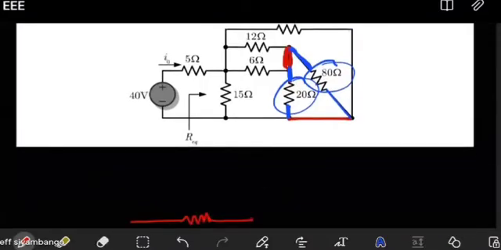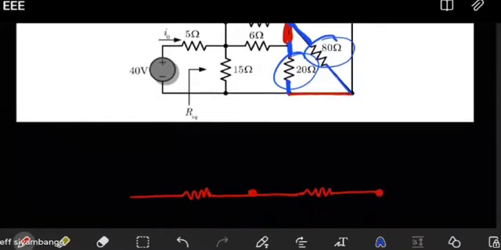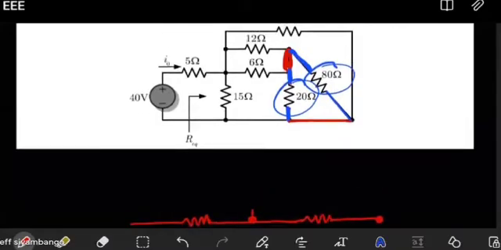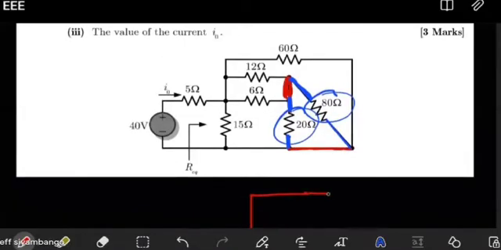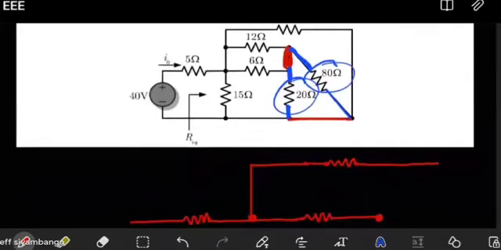And then we have the node that goes to connect to the 6 ohms. And then this comes to this end here. And then coming up, we have the 60 ohms on top. And then coming this side, we have the 12 ohms here.